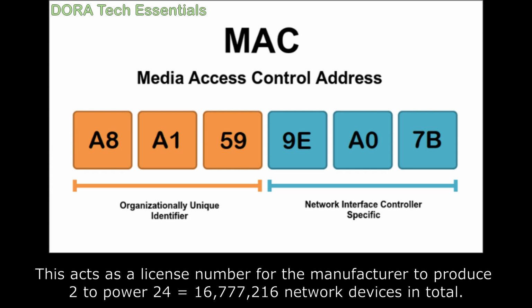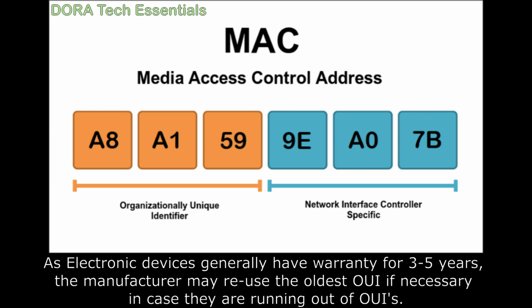This acts as a license number for the manufacturer to produce 2 to power 24 equals 16,777,216 network devices in total. As electronic devices generally have warranty for 3 to 5 years, the manufacturer may reuse the oldest OUIs if necessary, in case they are running out of OUIs.